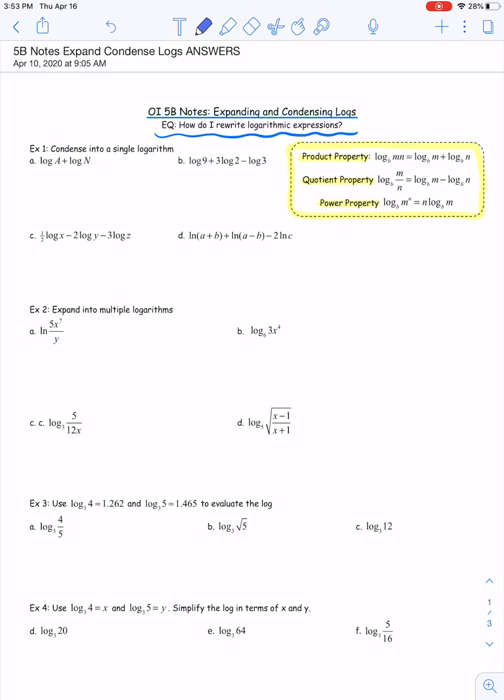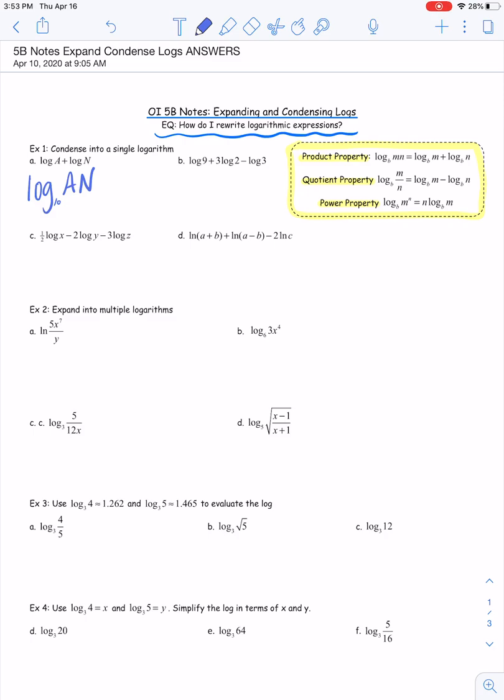And so because I'm adding them, what do I do with my arguments? I multiply those arguments together. So this would simply become the log of AN. Looks like Logan. But it's really the log base 10, but you don't have to write that, of whatever A is times whatever N is. So if I'm adding two logarithmic expressions together, I'm going to multiply the arguments if the bases are the same.